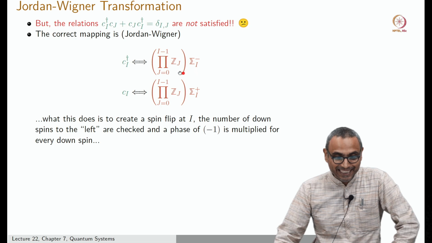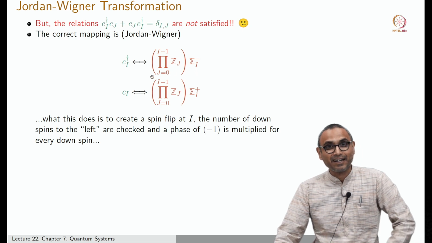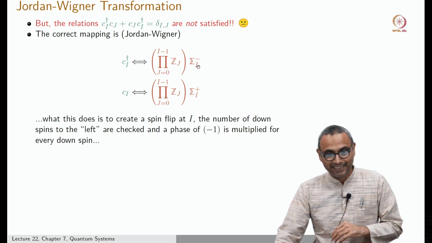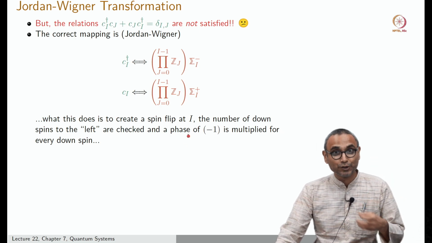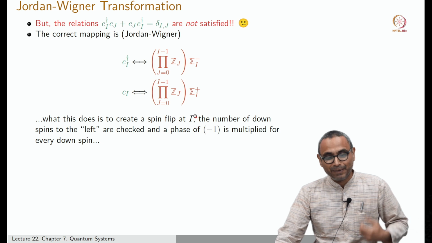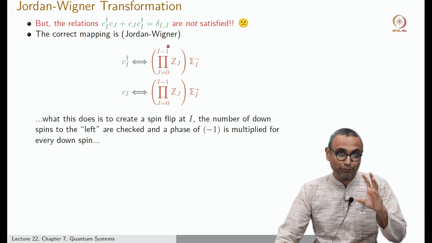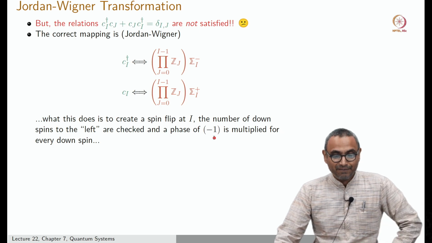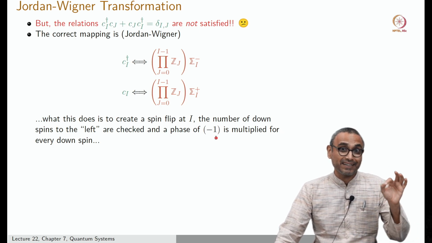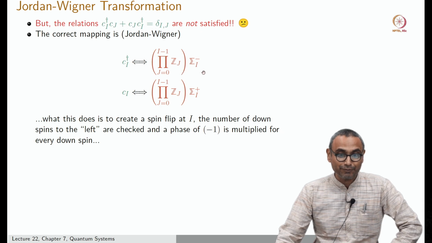So you can see that this is the string of operators to the left of site i that will check the number of down spins, and basically you will get a phase, meaning a unimodular complex number, which is minus 1 to the power of the number of down spins to the left of site i.